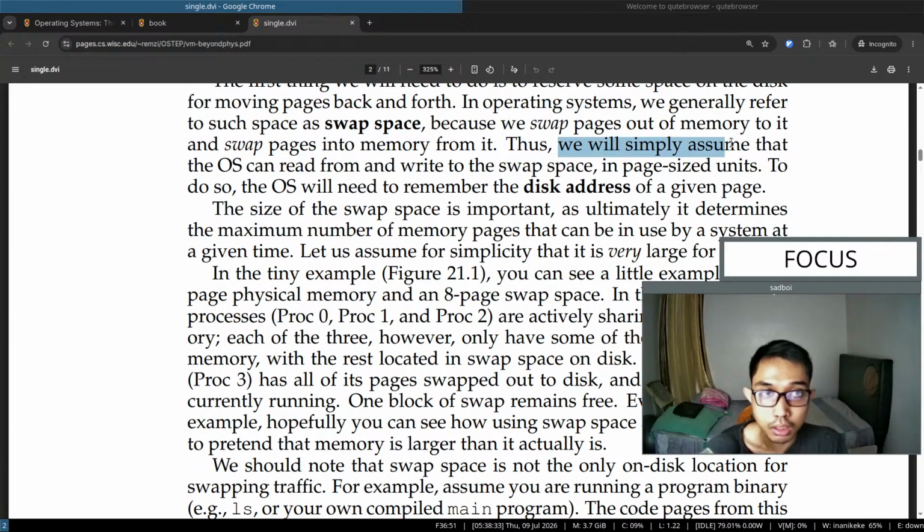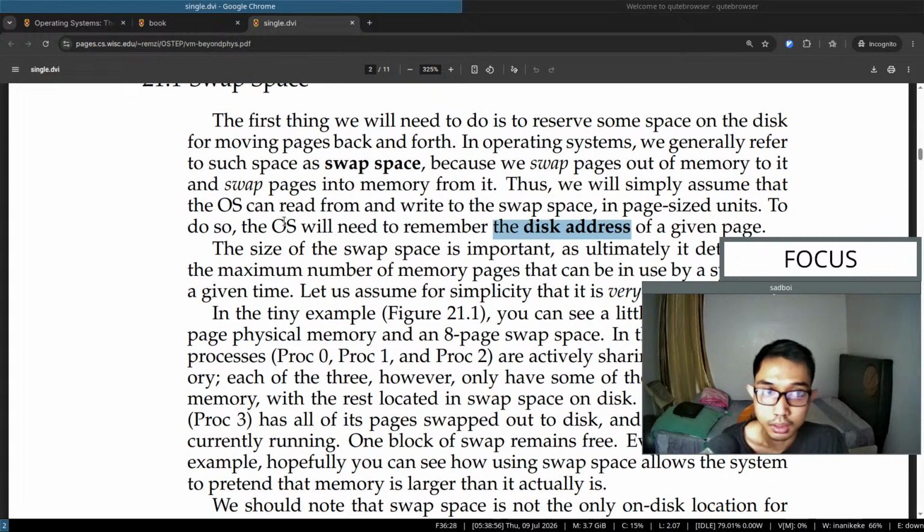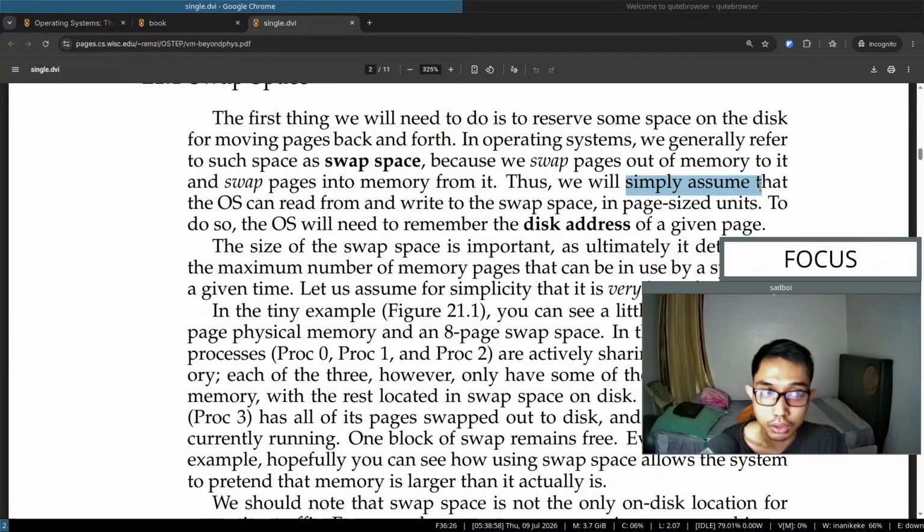Thus, we will simply assume that the operating system can read from and write to the swap space in page-size units.